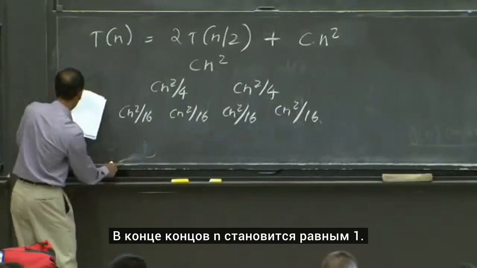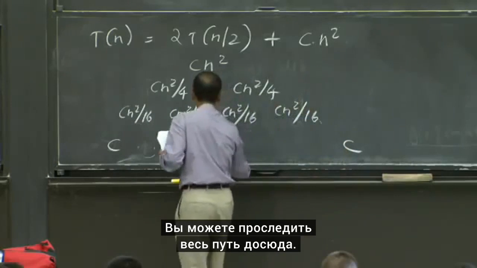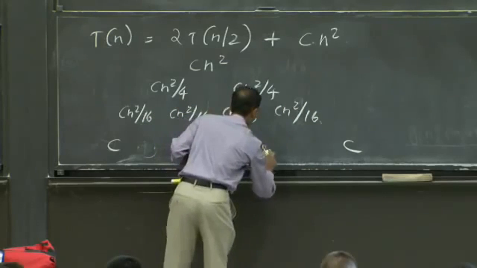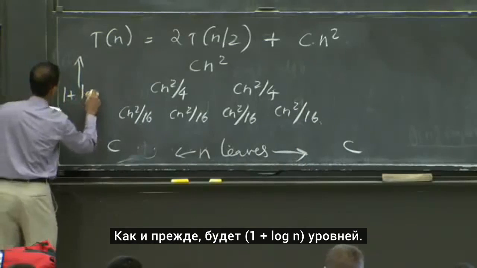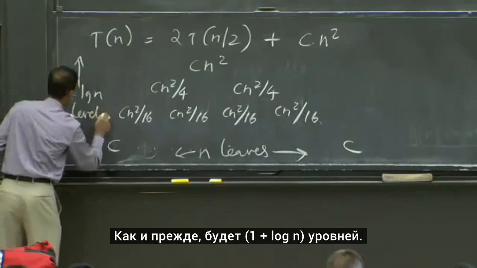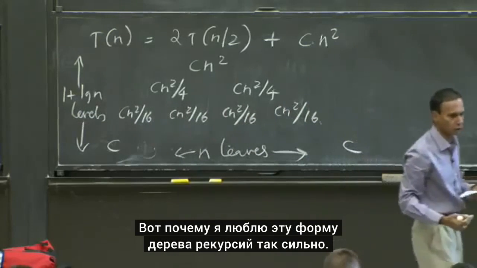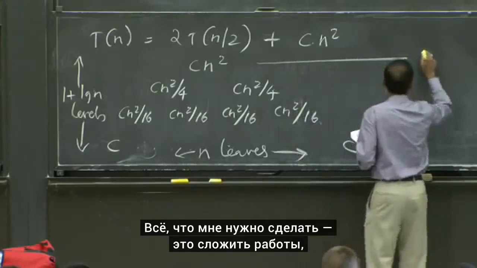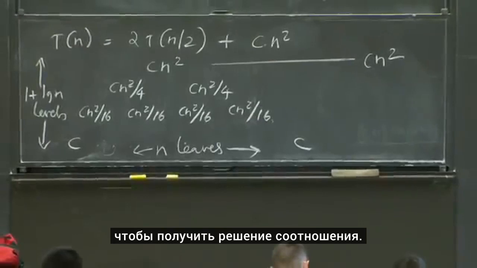Eventually, n is going to go down to 1, so you will see c all the way here, and you're going to have n leaves. And you will have, as before, 1 plus log n levels. Everything is the same. This is why I like this recursive tree formulation so much, because now all I have to do is add up the work associated with each of the levels to get the solution to the recurrence.